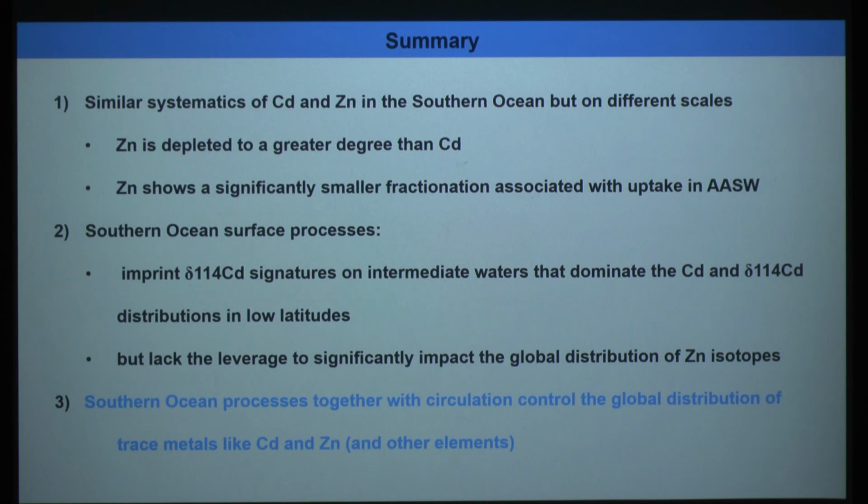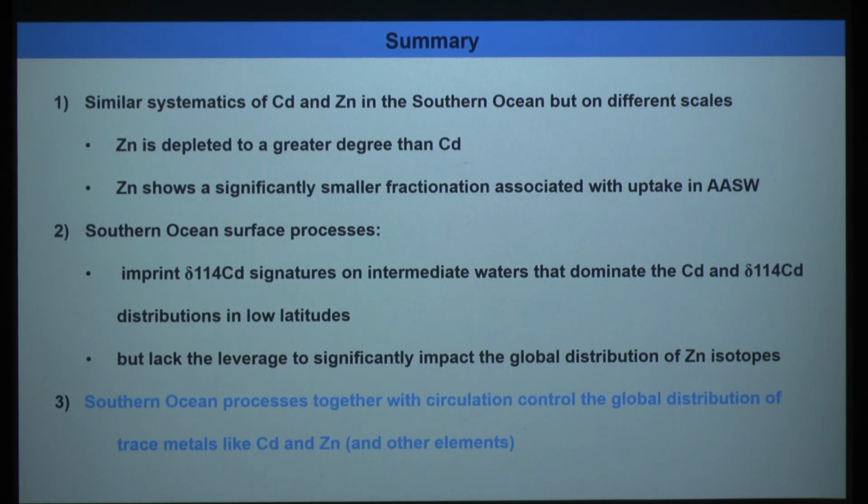So Southern Ocean processes, even though they happen in a very small area geographically, they are really important for these trace metals, and together with water mass circulation, they really dominate maybe 90% of the distribution of these trace metals and their isotopes, and also other elements.